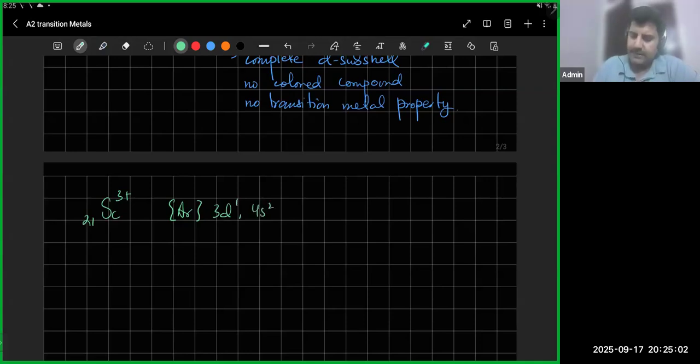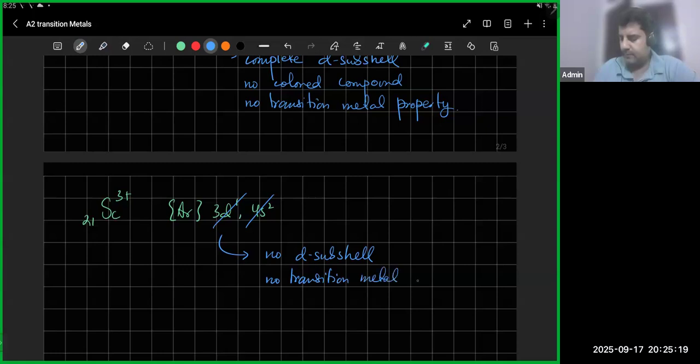Now, when it forms 3 plus, that means the d is gone. There is no d subshell. Remember, we needed an incomplete d subshell. So no transition metal properties, especially colored compounds.